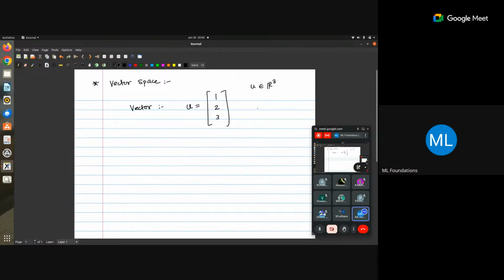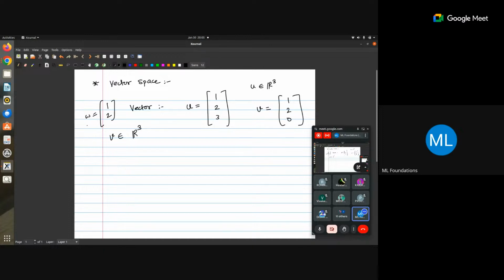Suppose you have another vector v, (1, 2, 0). What are the dimensions of this vector v? v belongs to R3, right? And suppose this is another vector w, which is (1, 2).